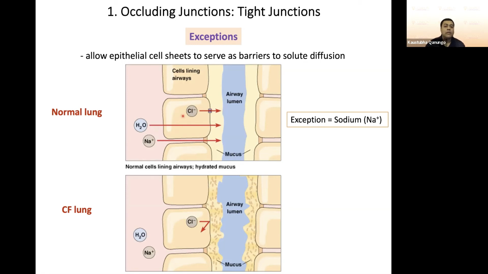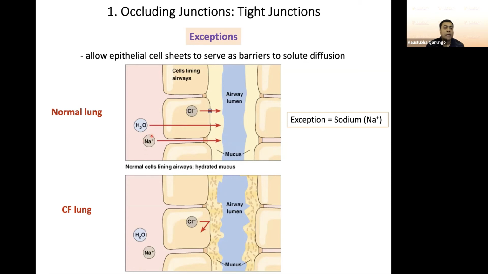Once chloride is moved through the CFTR into the airway lumen, due to its minus charge, it will attract the sodium. Right here, you can see that the tight junctions will allow sodium to move into this airway lumen.